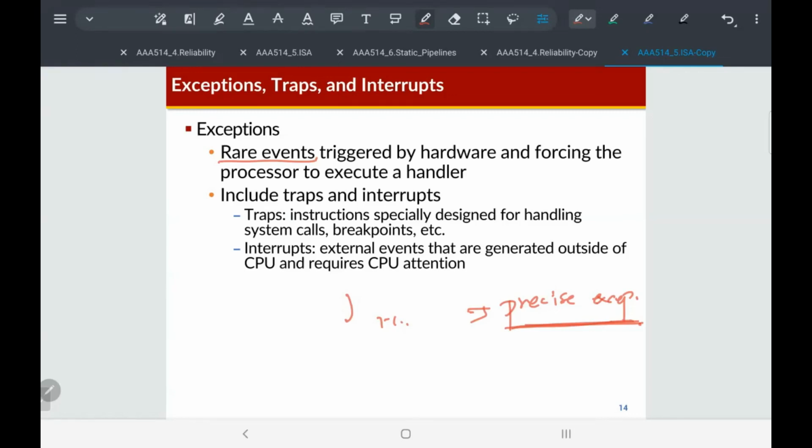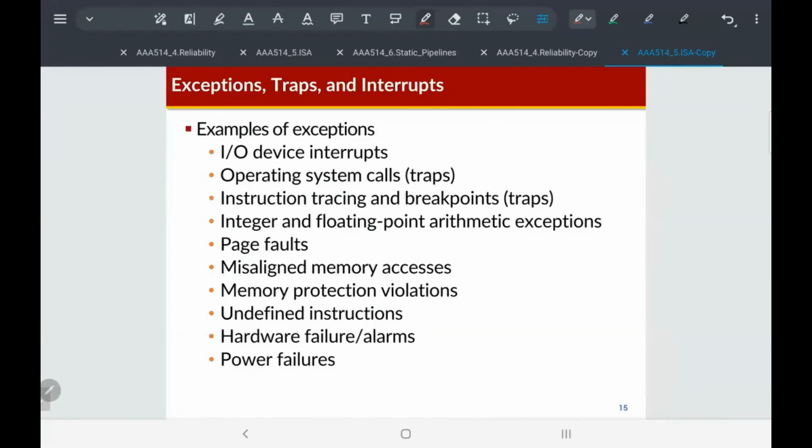For example, the very old, initial out-of-order processors could not support precise exceptions. Okay, so the operating system needs to support this.